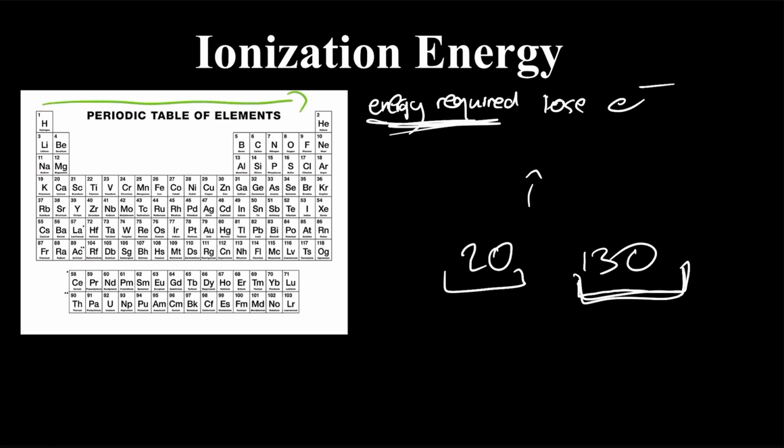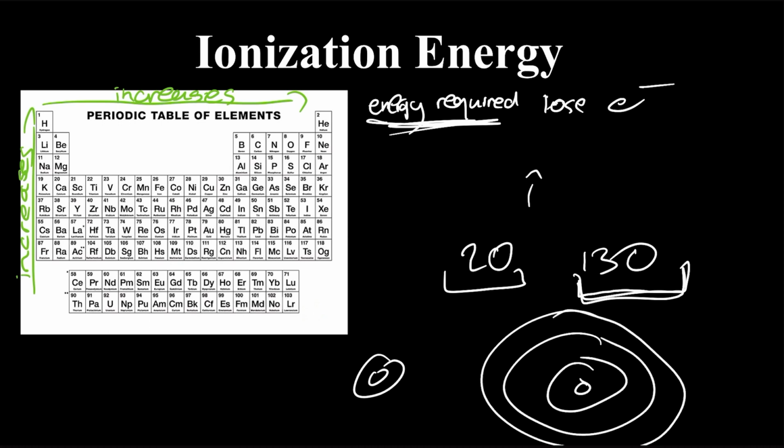Okay, here, I'll get into it now. So for ionization energy, it increases going this way, and it increases going this way. So this makes sense because let's say you've got a small atom and a large atom. You've got your protons here, they're positive, and you've got your electrons out here.